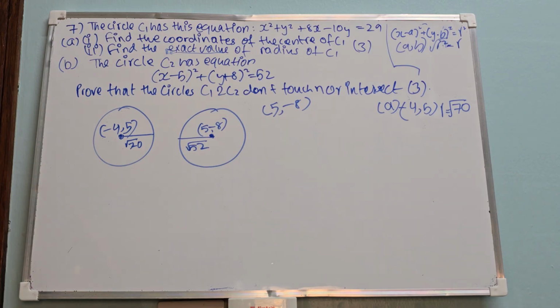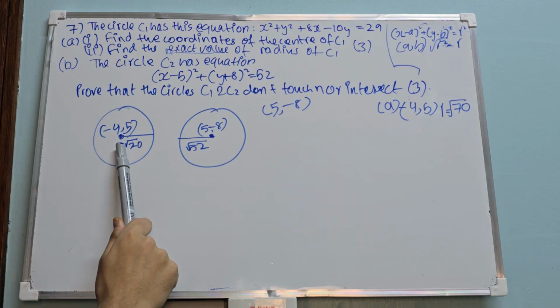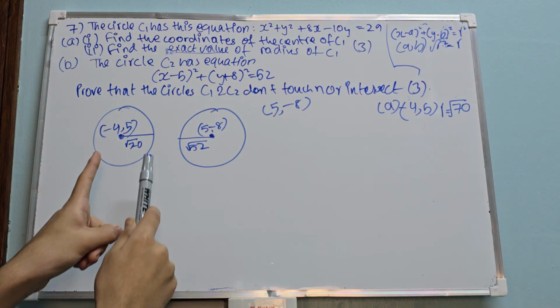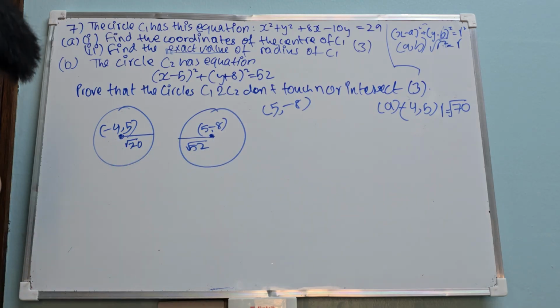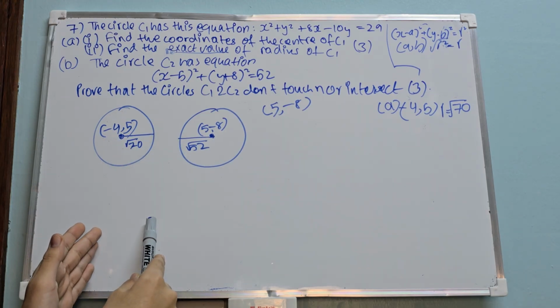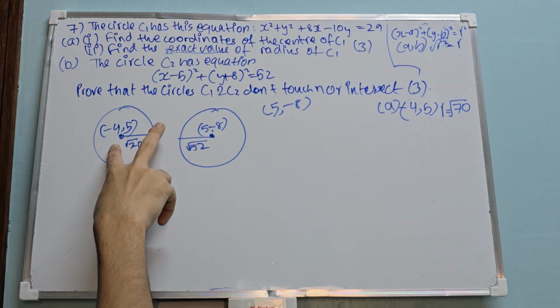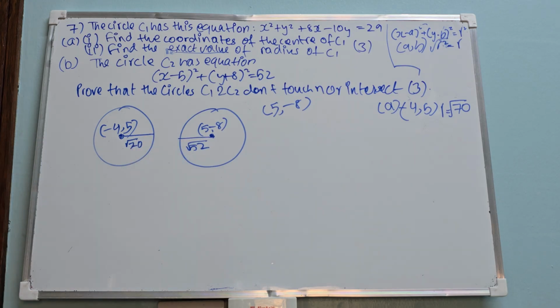Well, what we can do is find the distance between center C1 and center C2, by using the distance formula. And we can add the two radii, which is going to be less than the distance between center C1 and center C2.